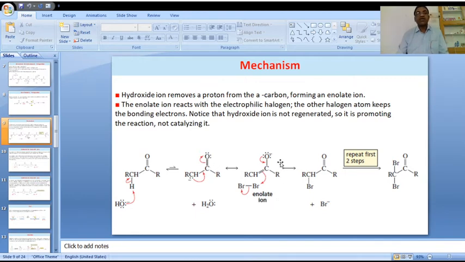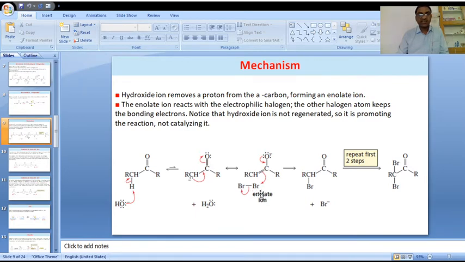This enolate ion reacts with the electrophilic halogen. This is the electrophilic halogen. Why? Because in the bromine molecule there is a Br-Br bond. These bonded electrons shift to the other halogen atom, which keeps the bonding electrons and turns into a Br minus bromide anion.